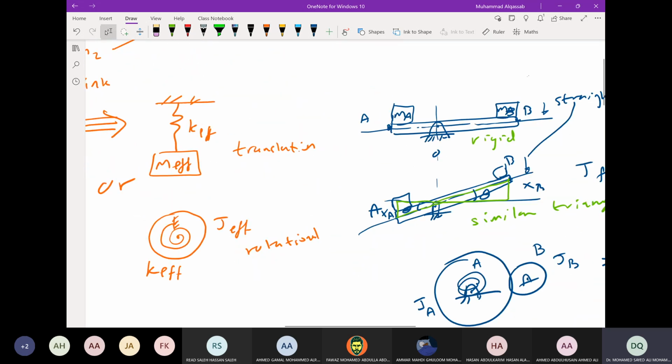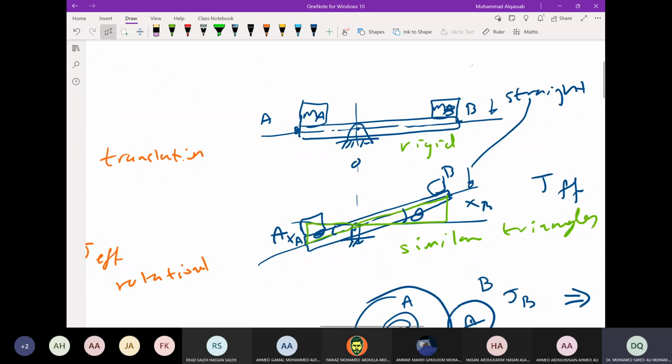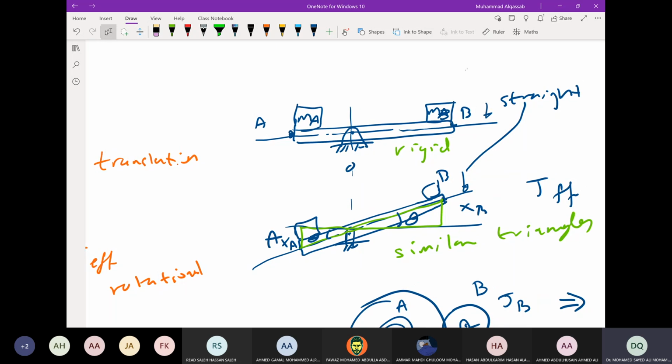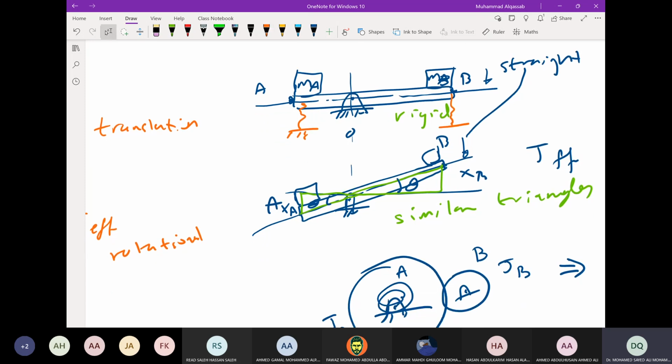Okay, here is an example of just one link and the mass. Here we have a rigid link or bar pivoted at point O. Let's say this is MA and MB, and of course this should be supported here by springs, something like that. Then the motion of MA, MB, as well as the bar, which is rigid, but it can be massless or not massless.